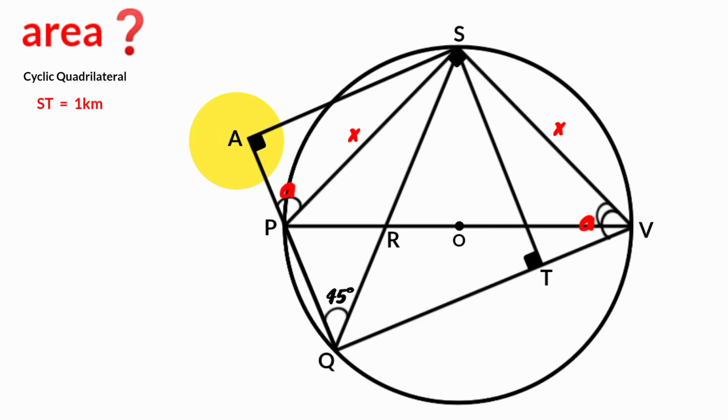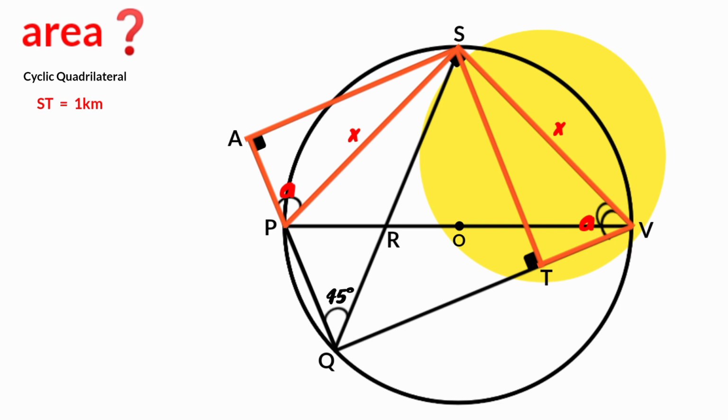Call this point A. Look at this triangle. It is a right angle triangle and it has an angle A. Same is for this triangle.